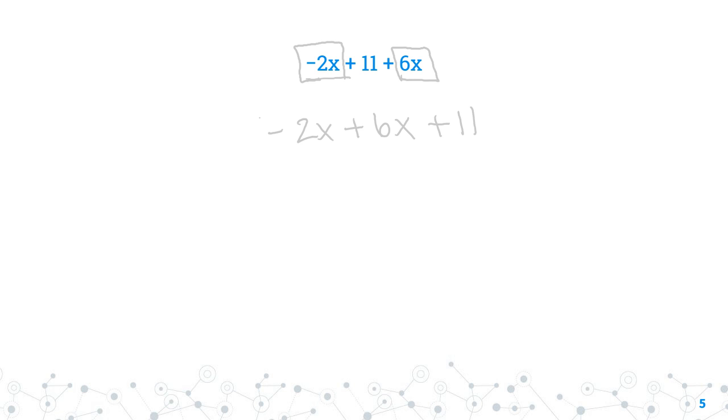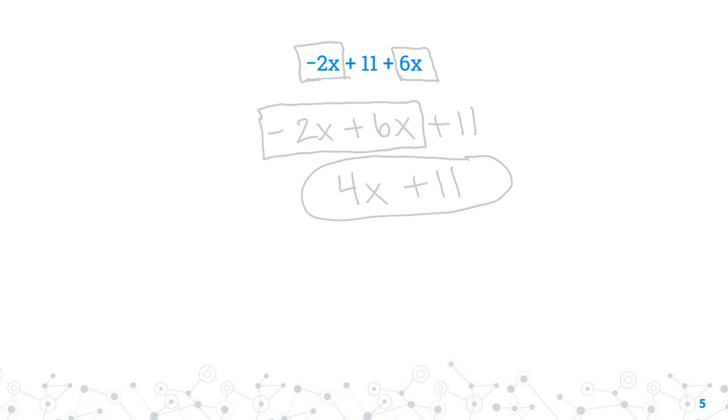So I can combine negative 2x and 6x because they are like terms. So what is negative 2 plus 6? 4. So this negative 2x plus 6x is simply 4x. And then I bring down my plus 11. That 11 does not have an x, so I cannot combine it anymore. So 4x plus 11 would be my final answer.